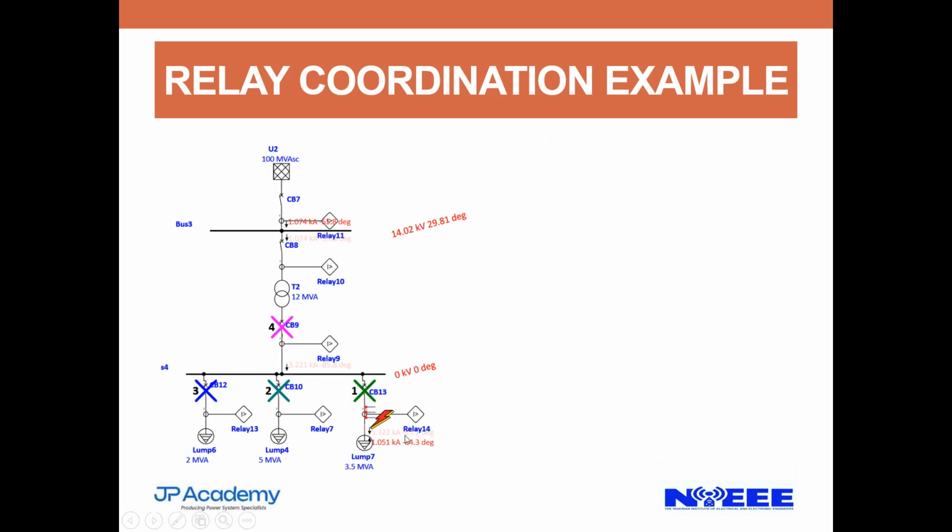Now we are having a fault at this point, and then we are having trips at this point, then this point, then this point, and it comes over to this point. Is this system properly coordinated?